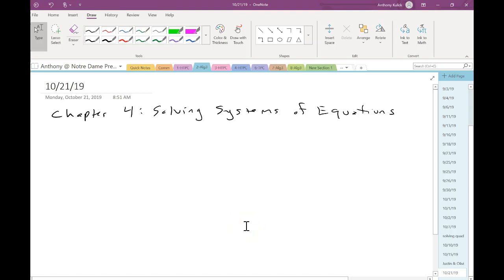And we had talked about that there were a bunch of different methods that we could use to solve a system of equations. We've been talking about using graphing to do that.